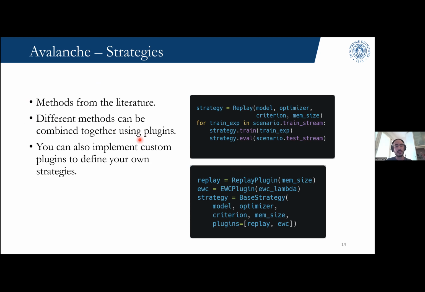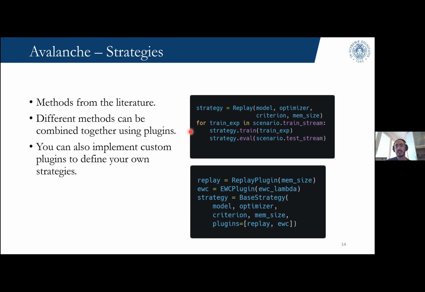Basically, there is a training loop definition, and most of the continual learning strategies are actually adding some code inside the training loop, so you can combine them together as long as they don't interfere with each other. Most of the time, you are going to use a plugin from the library, but if you need it, you can also implement your own.